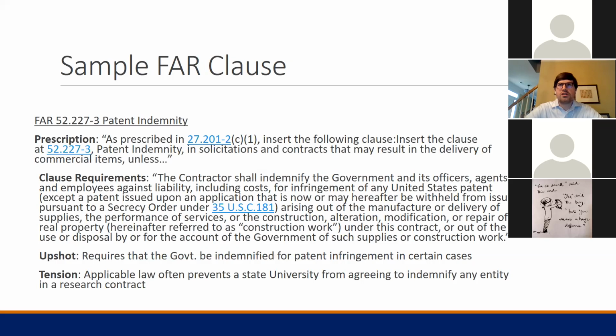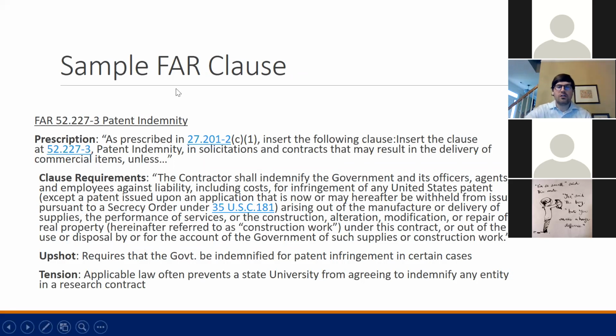It usually comes up in a subcontract where the prime contractor is delivering a commercial item and we're doing some research underneath it. It is possible for the government to categorize something we're providing as a commercial item, although it would be really rare. But this is more just to show an example of situations where we would have to go back to the government and say, we can't accept that clause, and here's why.